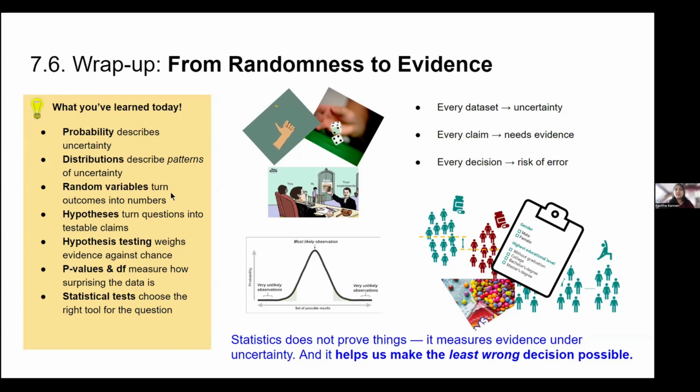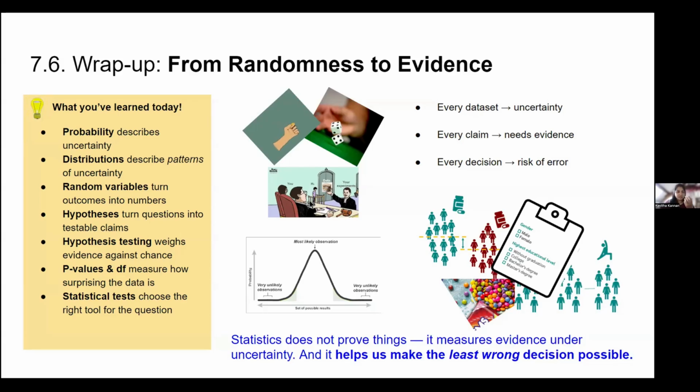And once you have random variables, once you're thinking in numbers with your data, you can start asking the actual questions and converting these questions into testable claims, which is what a hypothesis is. It's an educated guess.